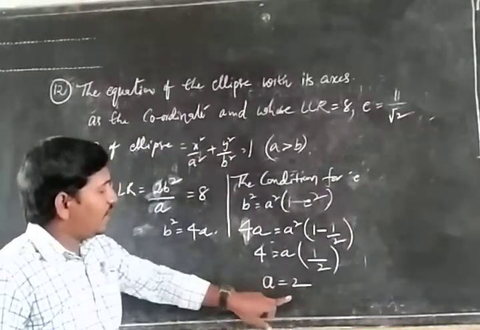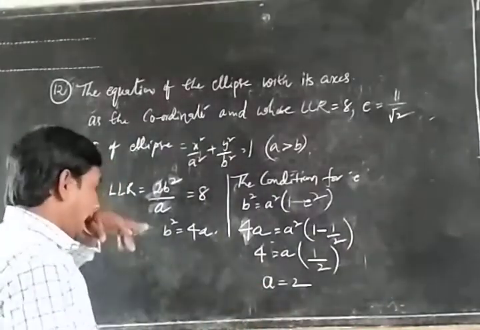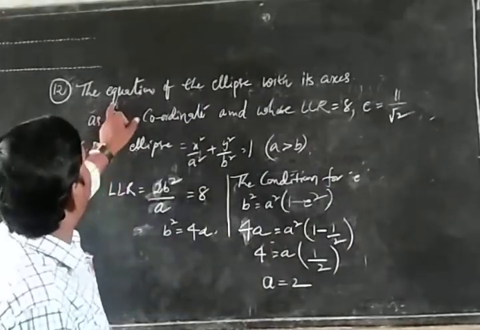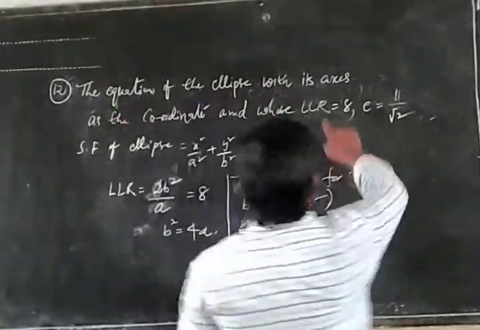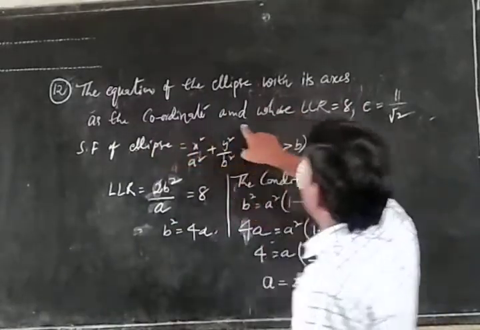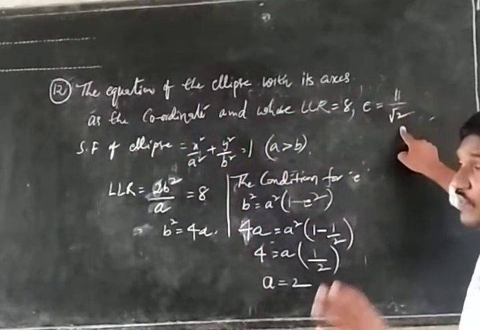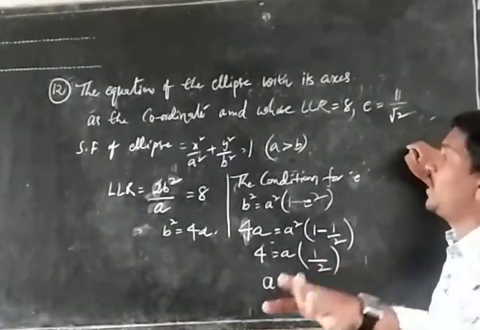What we got? a equal to 2. So we have to write the equation of the ellipse whose axes are the coordinate axes and whose LLR is 8 and e equal to 1 by root 2.